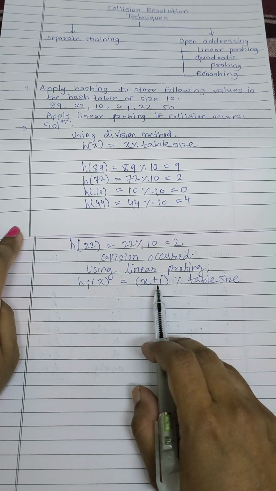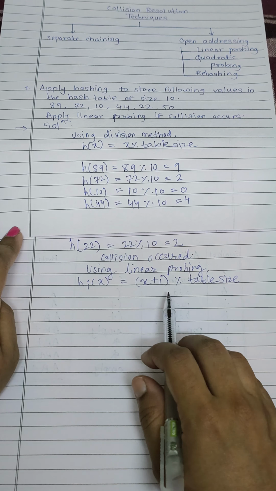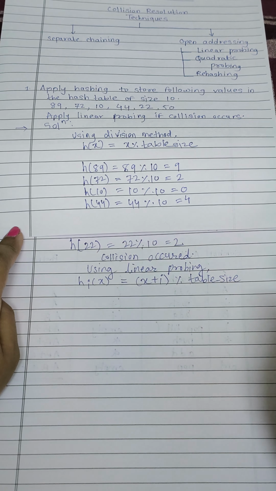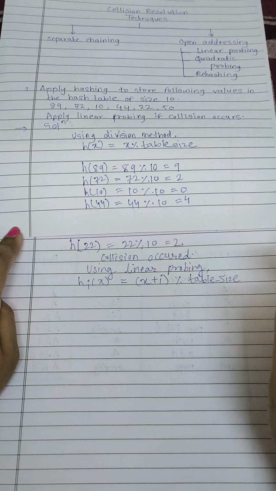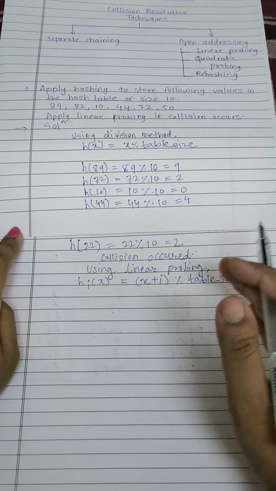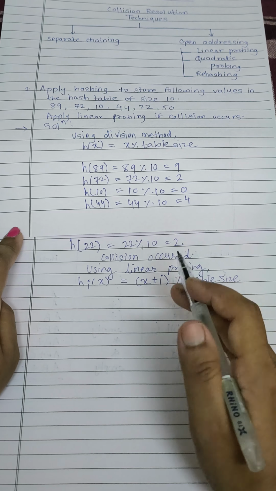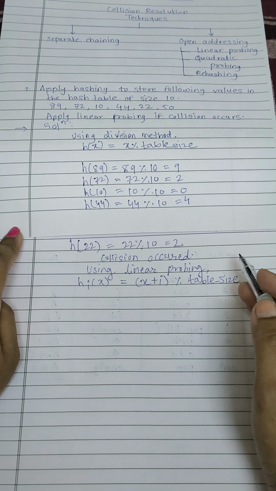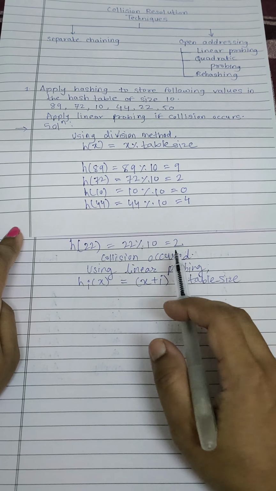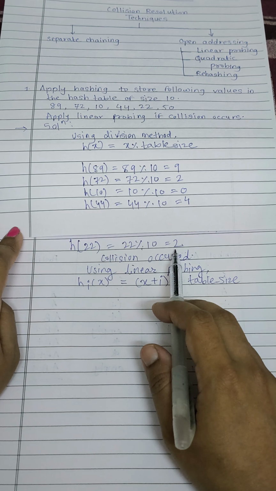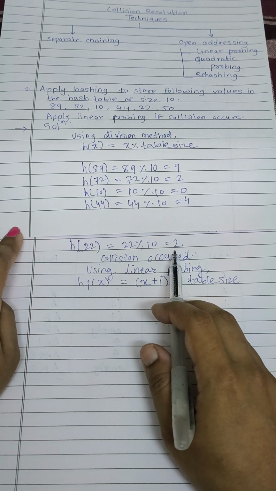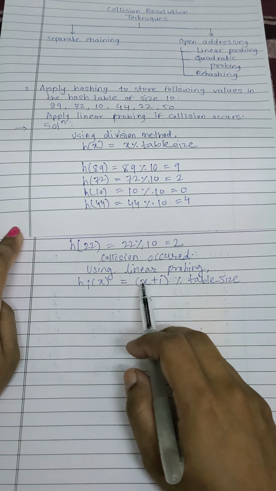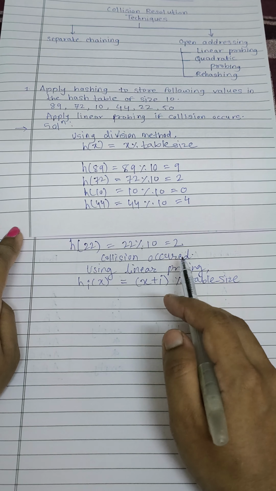So linear probe is to search, and linear is to linearly search, as in search the neighboring slots. So basically linear probing is a technique which checks the immediate slots if they are empty. Since slot 2 is not empty, it already has a value, it will search for the immediate next slot.